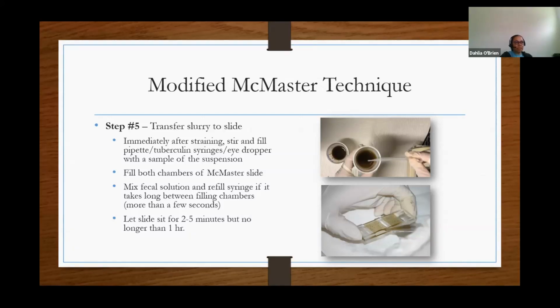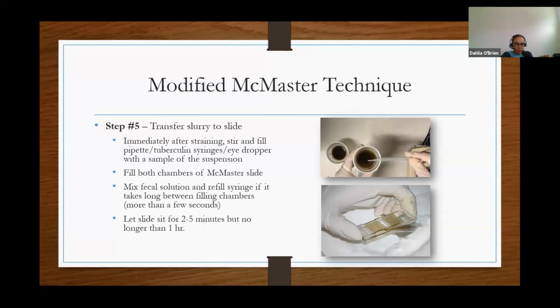The reason we say immediately after straining is because, remember, the eggs float. If you leave this suspension sitting on the table after you've strained it, the eggs are going to float to the top. If you go in with your pipette or eyedropper or syringe, and you tend to go to the top or to the center of that solution, then that won't be a good estimate of the number of eggs dispersed in that suspension, because they're all at the top.